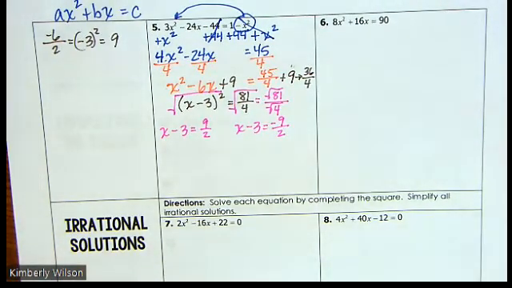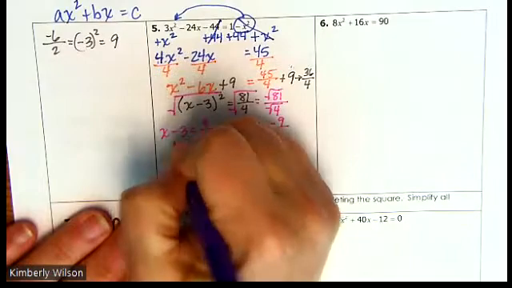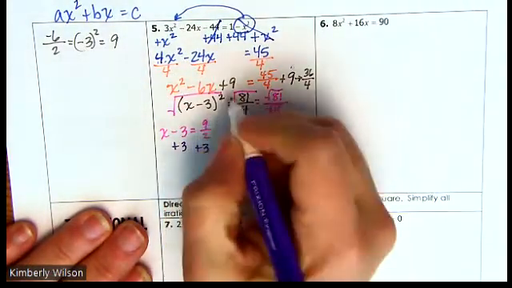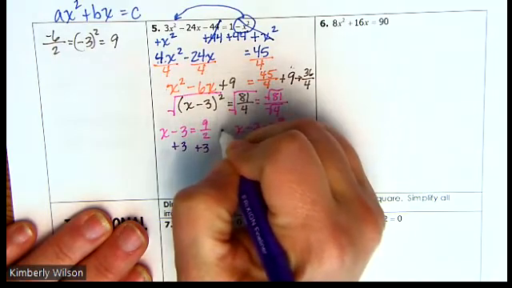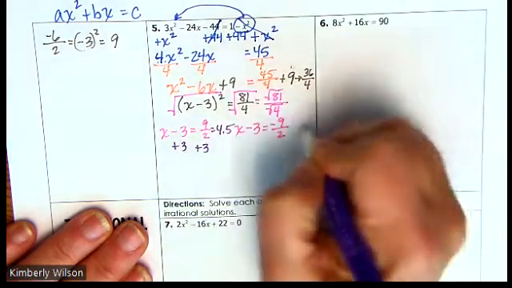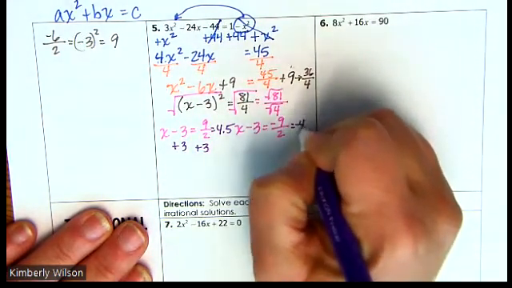Okay. Now we finish up. So I'm going to add 3 to both sides. If you want to, we can figure this out, and 2 goes into 9, so this equals 4.5. This is going to be a negative 4.5.